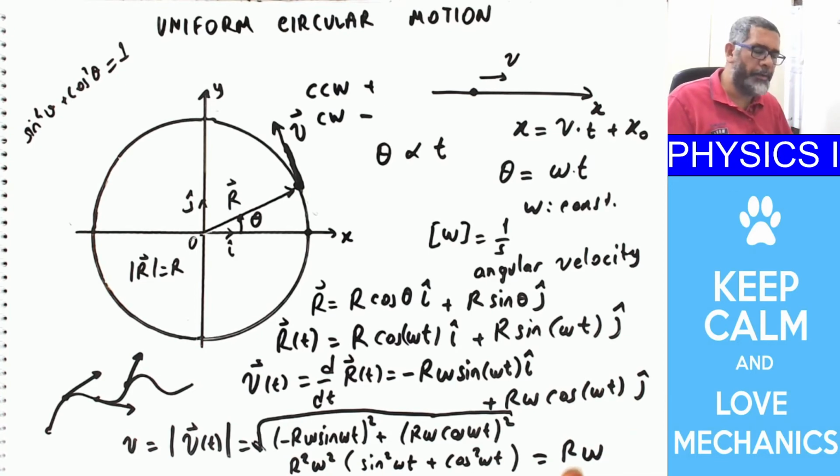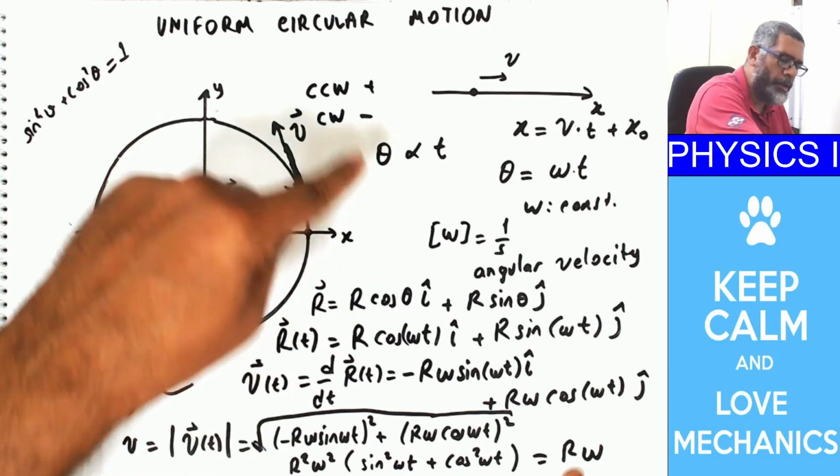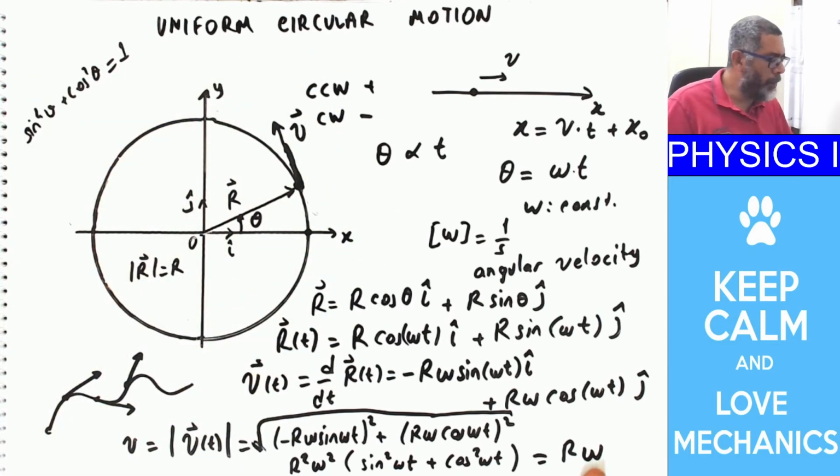R is the radius of the circle that the object circulates on, and omega is the angular speed. Let's say angular speed because it's not a vector here. So you see, v, the speed in the uniform circular motion, is equal to the product of two constants, right?